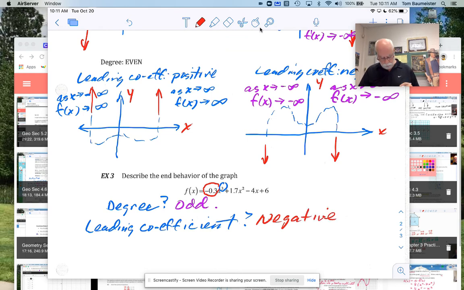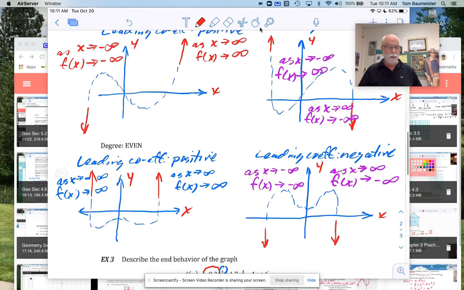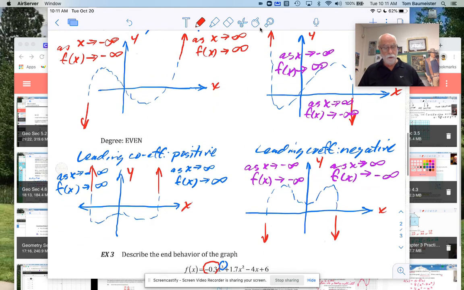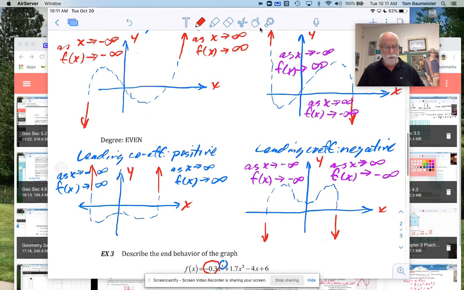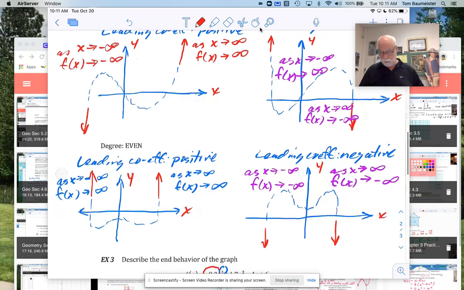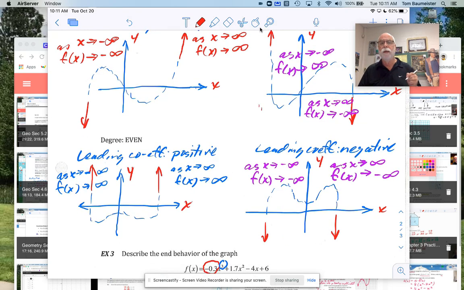All right. So which of the top four that I just drew here does it look like? All right. So its degree is odd and leading coefficient is negative. So that means it's this one here, right?